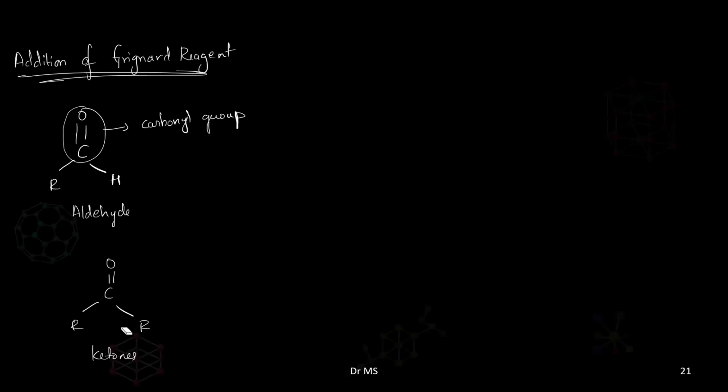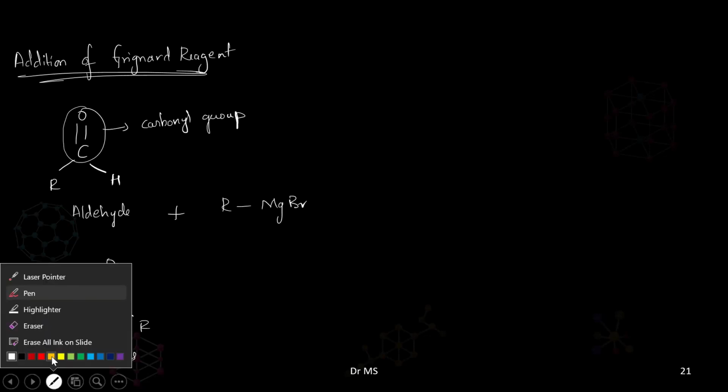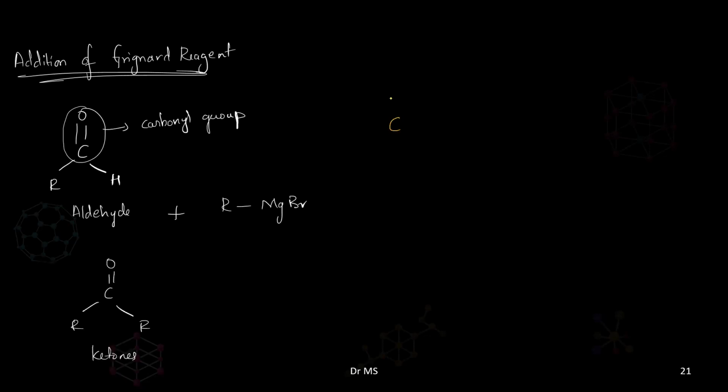Now we are reacting this with RMgBr. I told you one thing in yesterday's class. In the carbon and double bond oxygen, the oxygen is an electron withdrawing group.